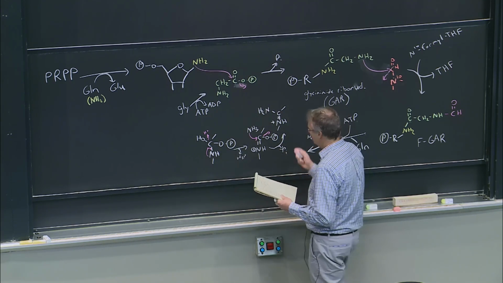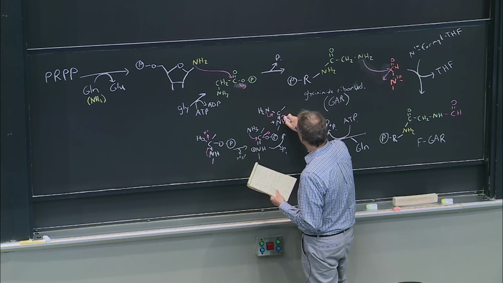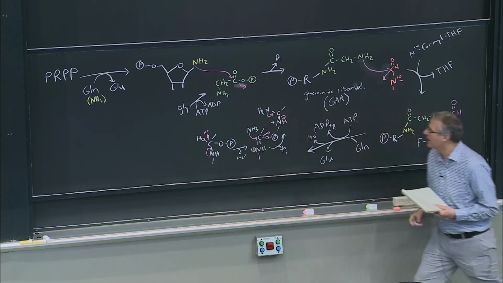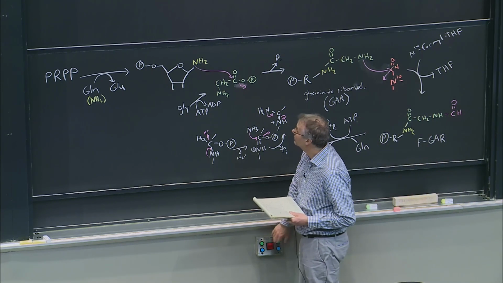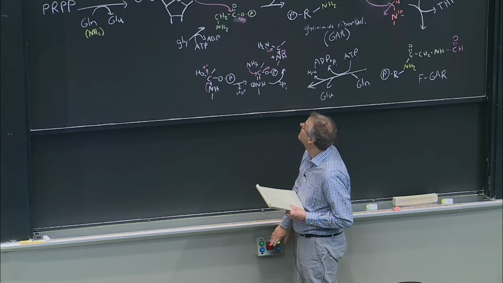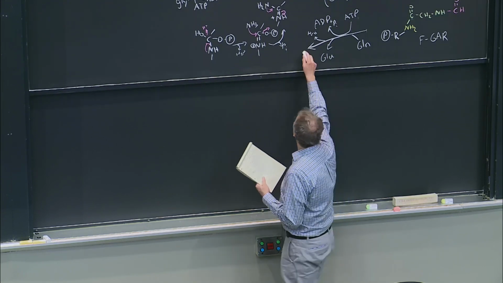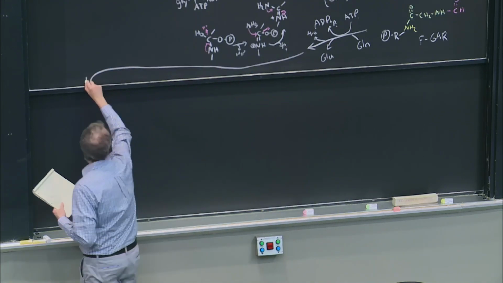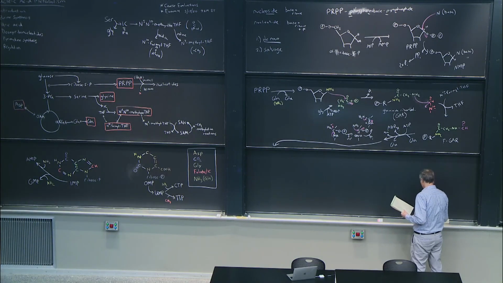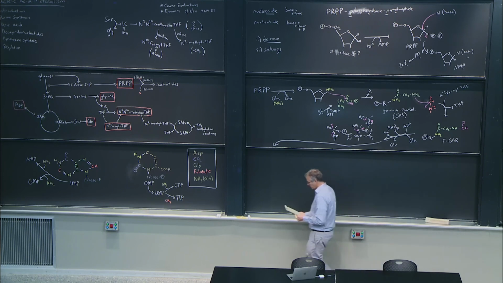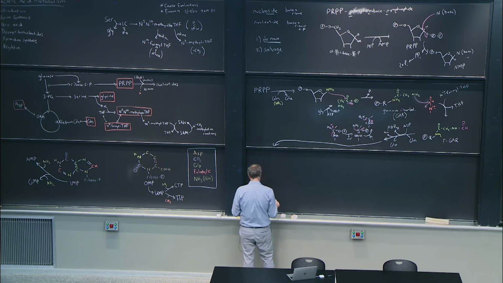Okay, and then typically this is drawn where we just rearrange the double bond, and one ends up with this intermediate, which is called FGAM.